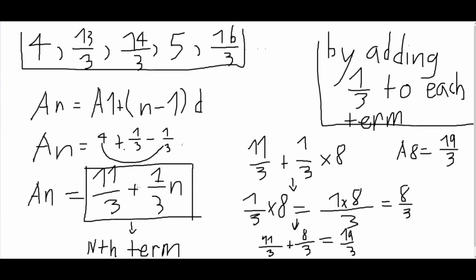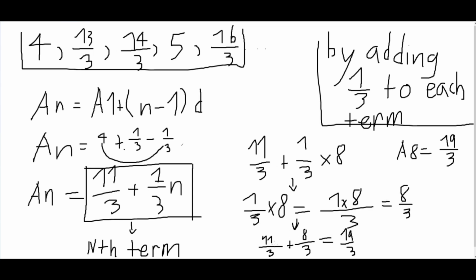So now if we want to find the 8th term in this sequence, we do 11 over 3 plus 1 over 3 times 8. So here we do 1 over 3 times 8 equals 1 times 8 over 3, which is 8 over 3.